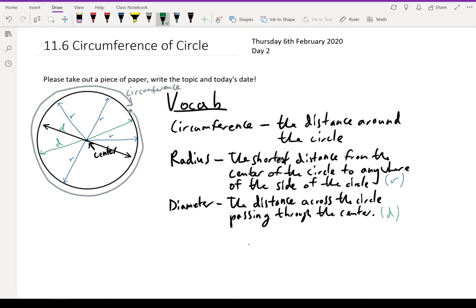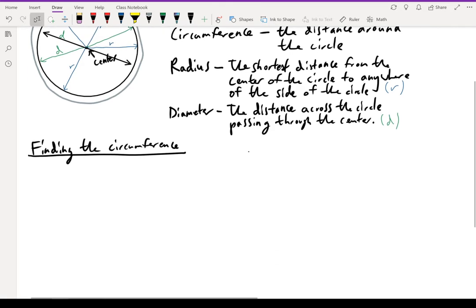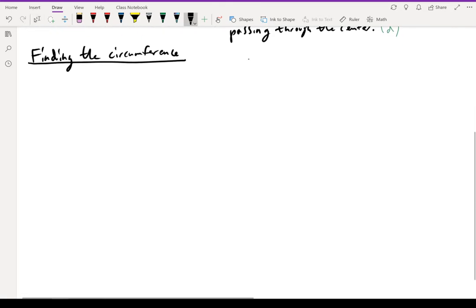So now that we got the vocabulary out of the way, how do we actually find the circumference of a circle? So let's go here. Finding the circumference. There is a simple formula that we use to find the circumference. So we use C for circumference, and this formula is equal to 2 times pi times the radius.